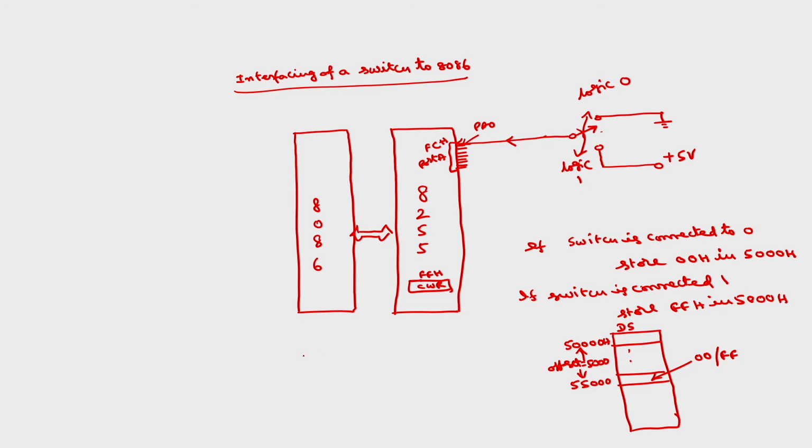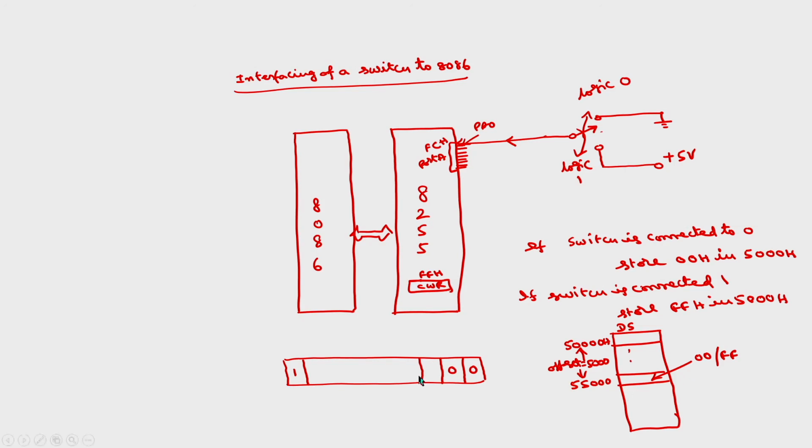If I take the control word, I am using IO or BSR mode, so the MSB bit should be 1. And what about the LSB? I am not using port C upper or port C lower, so this is a do not care. For the sake of simplicity I will take 0. This is also do not care because I am not using port B at all, so I will take 0.